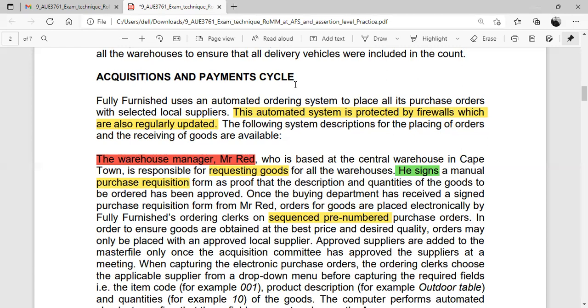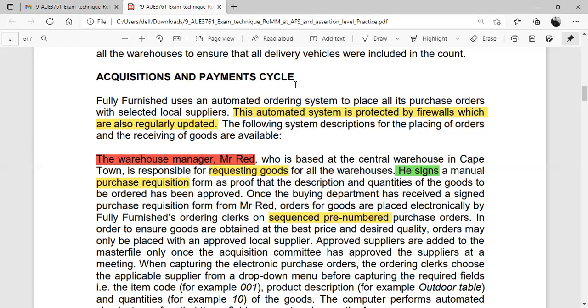Because if they're telling you that we are regularly updating our firewalls, yeah, the objective of you inquiring from management about their firewalls is to establish whether their systems are protected.